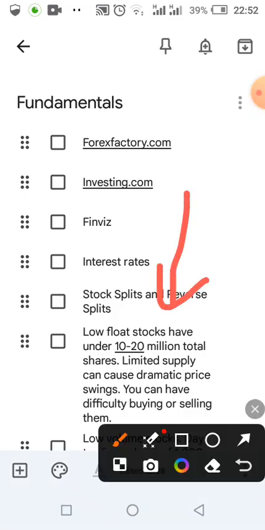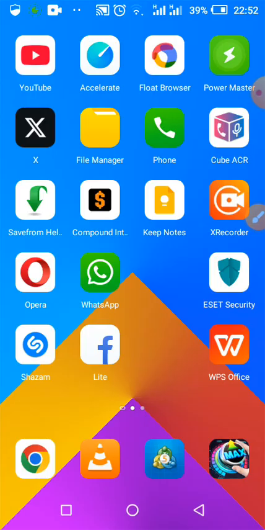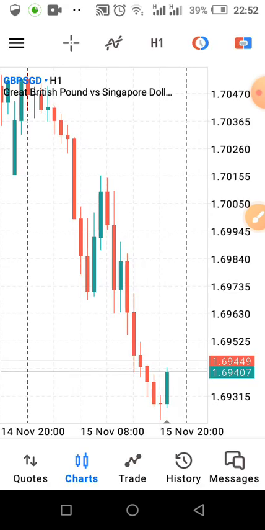Then stock splits or reverse stock splits are only for stocks, not even stock indices, but just stocks. Remember, your stocks, these are like Coca-Cola, companies like Facebook, even Amazon.